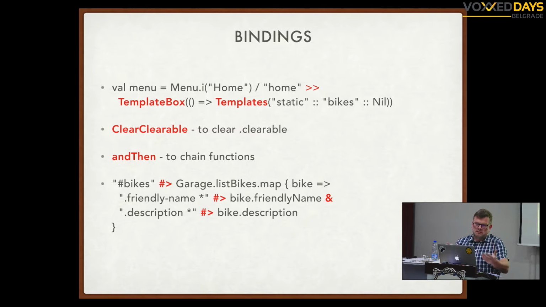Clearable is a predefined function that will drop all the clearable elements, and then Scala's functionality to join functions. You can bind together many functions into one, and it will be used as one function. And the hash is just a convenient way to bind things left to right. Okay.